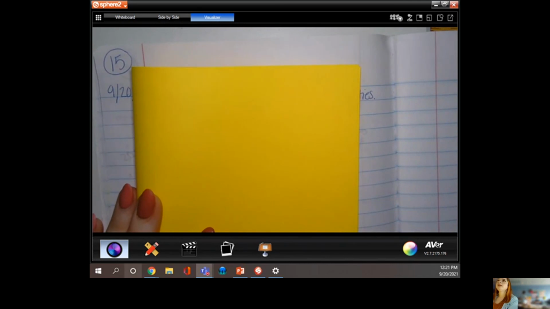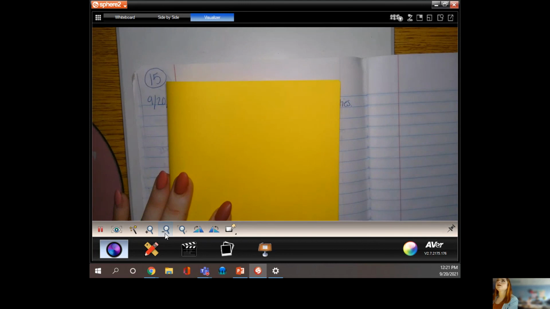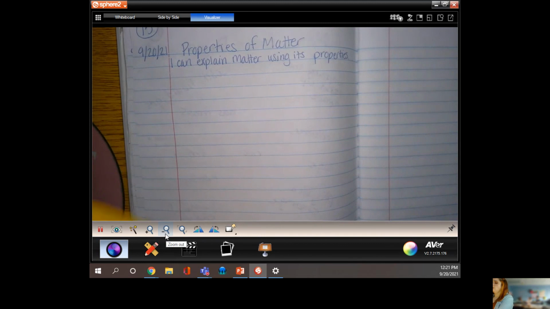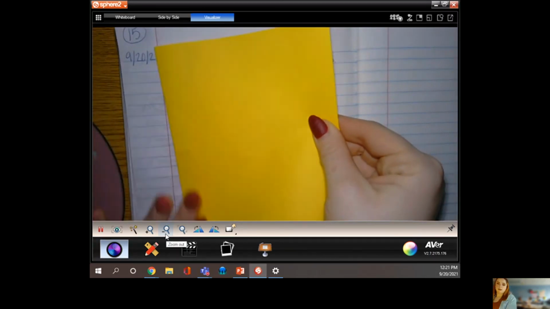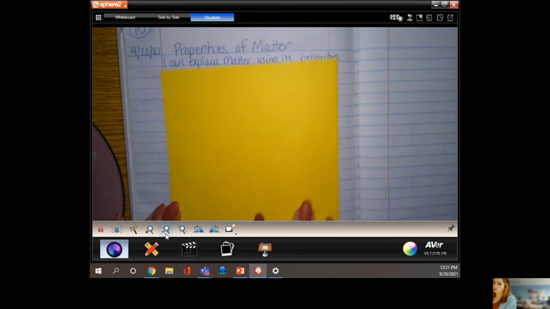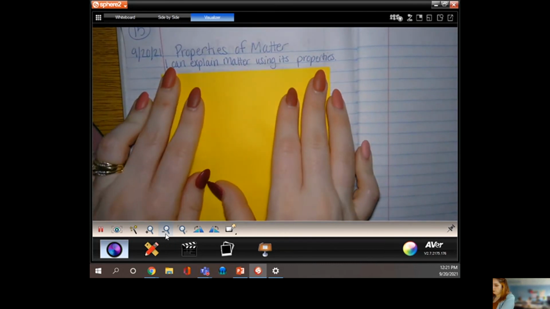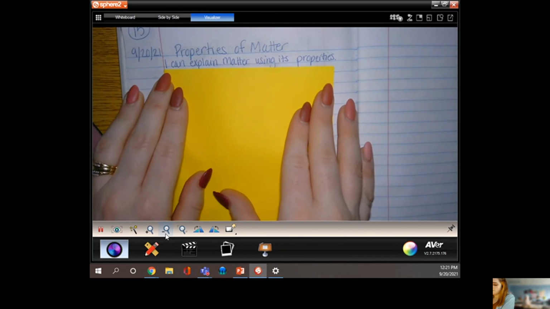You will have to trim it a bit, most likely, so that it will fit under the I can statement. So I'm gonna trim just a little off so that it fits nicely under the I can statement.